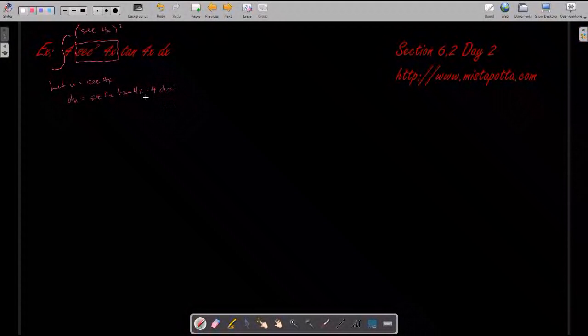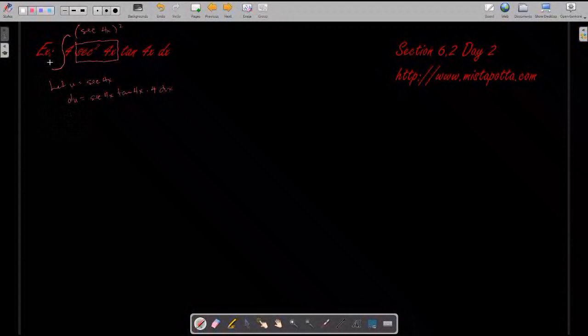So this is my du, and I notice that although my original intent was to get secant squared, I ended up only needing one secant in there because the other secant is actually incorporated in my du.